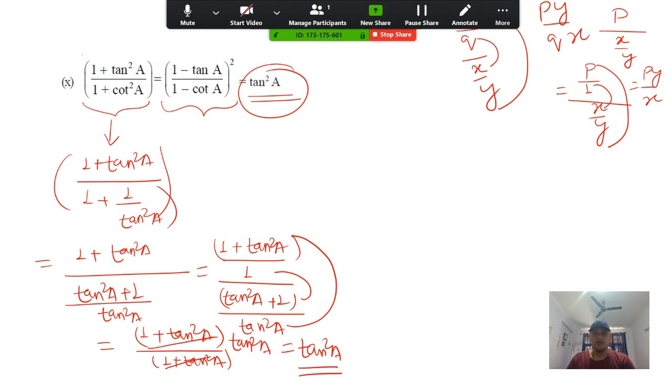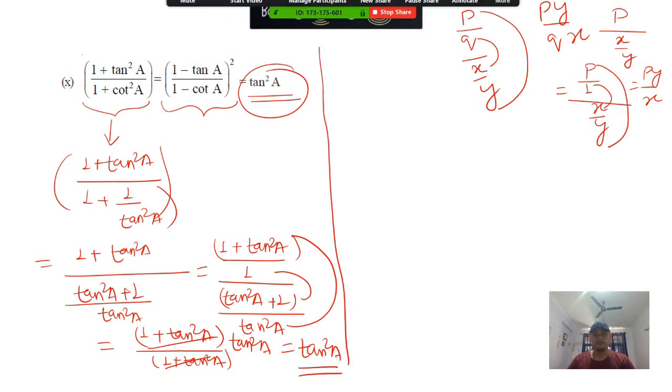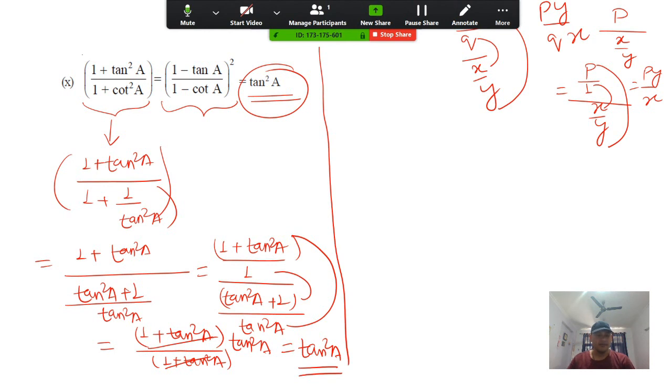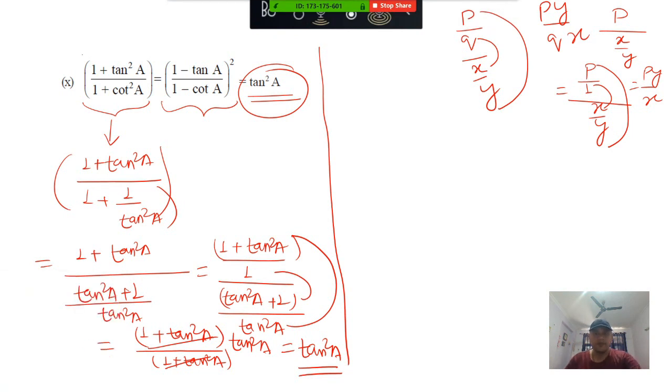Nice, very nice. Let's take the second term, and let me write it with a different color. I like green color very much. Okay, let's take blue color this time, not always green.